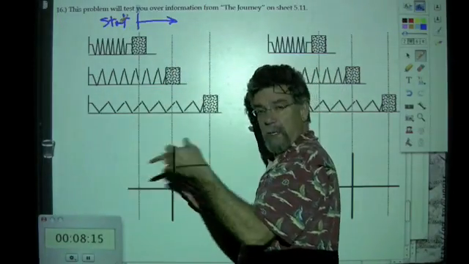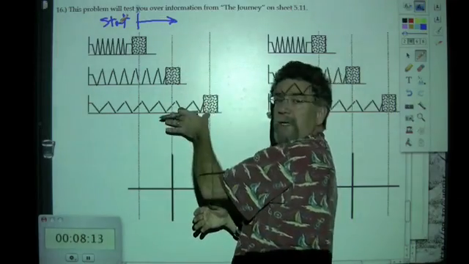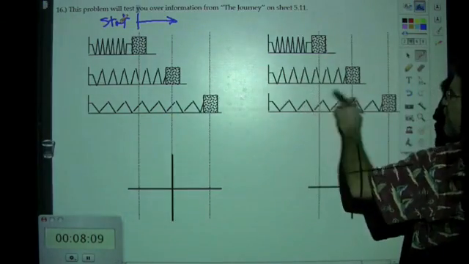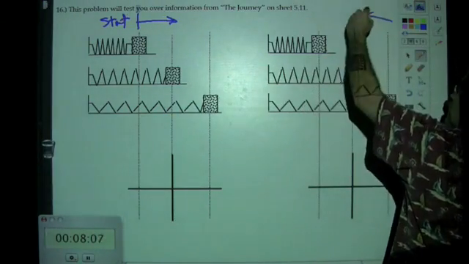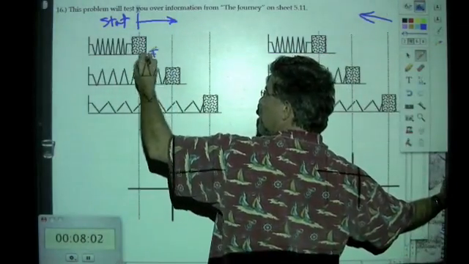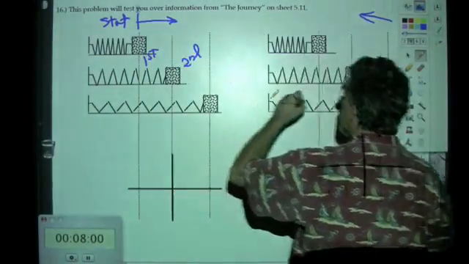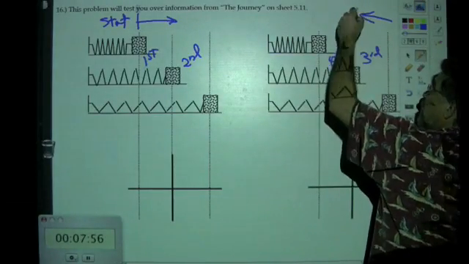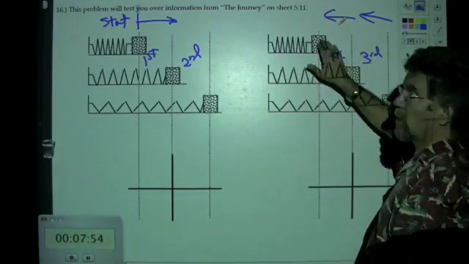And one trip is an oscillation. This represents the second quarter of my trip. And if I'm back over here and working my way back this way, this is my third quarter of my trip. So first quarter, second quarter, third quarter would be on the way back, and fourth quarter, I'm still going this way, back to where I started.